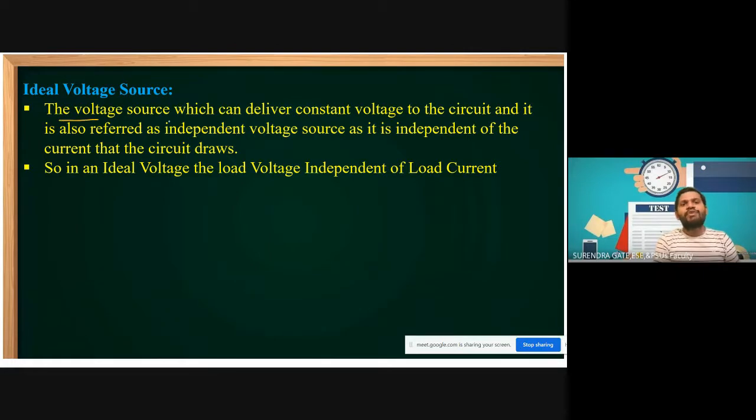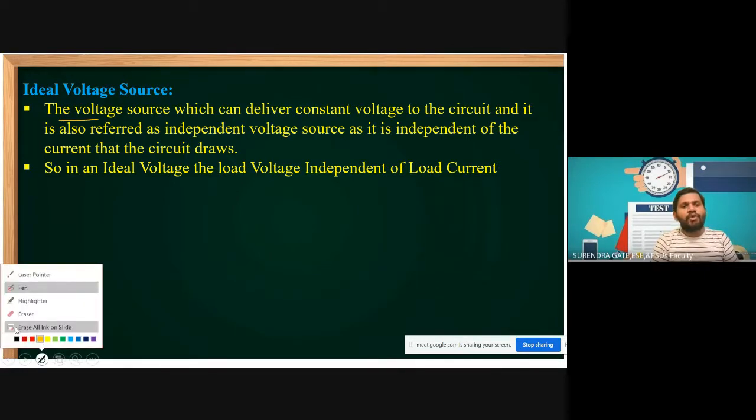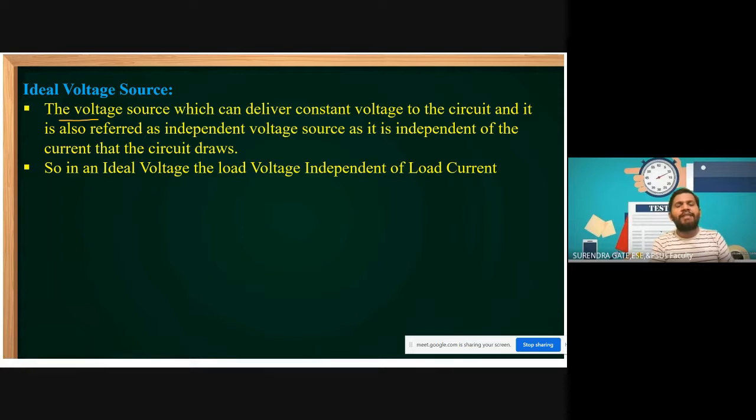Yes, when a particular source is said to be an ideal voltage source, the name itself indicates that it is ideal. Practically, this type of source does not exist. It is a voltage source which can deliver constant voltage to the circuit, and it is also referred to as an independent voltage source, as it is independent of the current that the circuit draws.